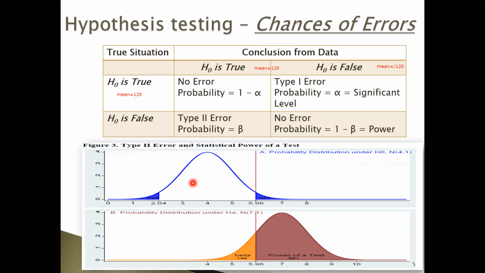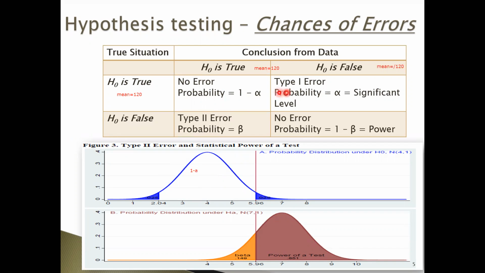So, if we start an experiment with the assumption that our null hypothesis is true, and we get the same area as the blue area given here, this is the area of 1 minus alpha. So we also prove that the null hypothesis is true. It means we are not making any error, and the probability of not committing any error we call 1 minus alpha. So 1 minus alpha is the probability when we accept the true null hypothesis.